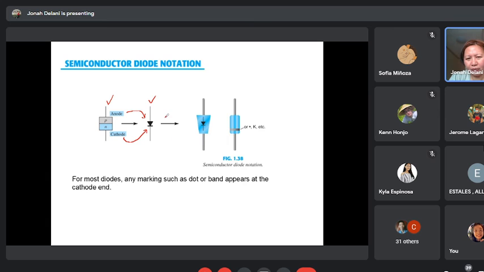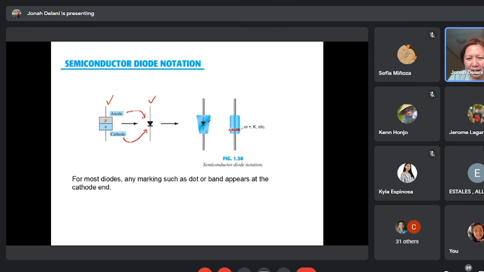So if you know that one end is the anode, of course the other is the cathode. An actual diode has a marking, usually to indicate where the cathode is. Sometimes it is a dot, but the diode is so small that it cannot be drawn on, so usually it has a band.